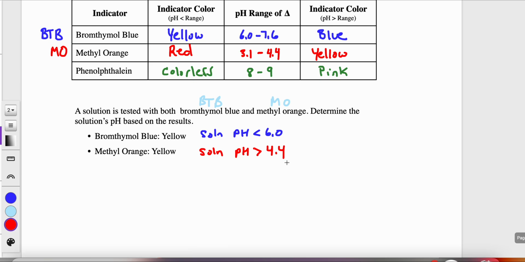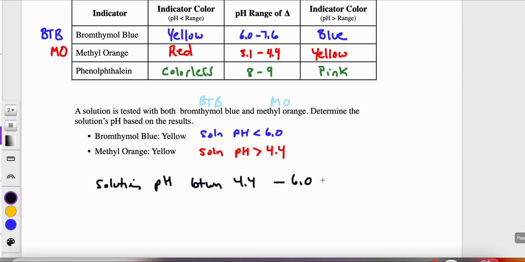When we look at these two values, we understand that the solution's pH is between 4.4 and 6.0.